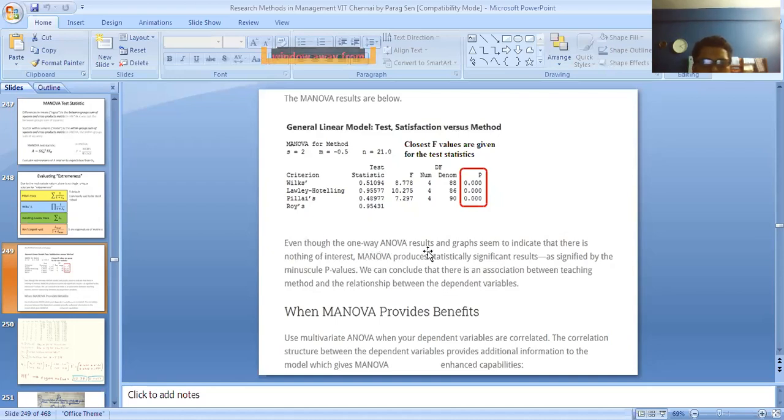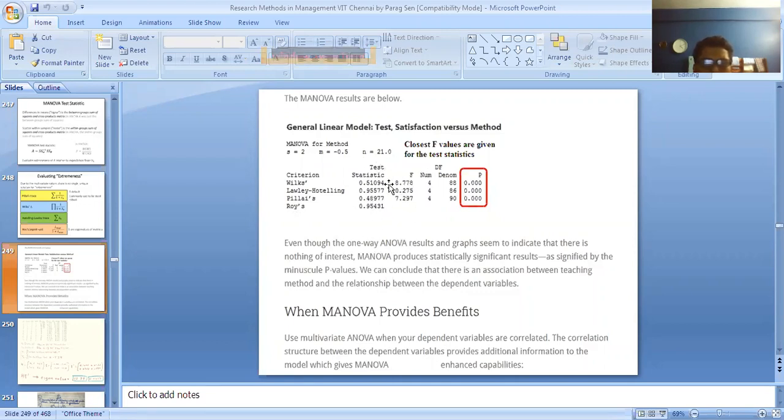Even though the one-way ANOVA results and graphs seem to indicate that there is nothing of interest, MANOVA produces statistically significant results, as indicated by the p-values. We can conclude that there is an association between teaching method and the relationship between the dependent variables. If you have a look at this, the Wilks, Lawley, Pillai, and Roy's tests' statistics are provided.